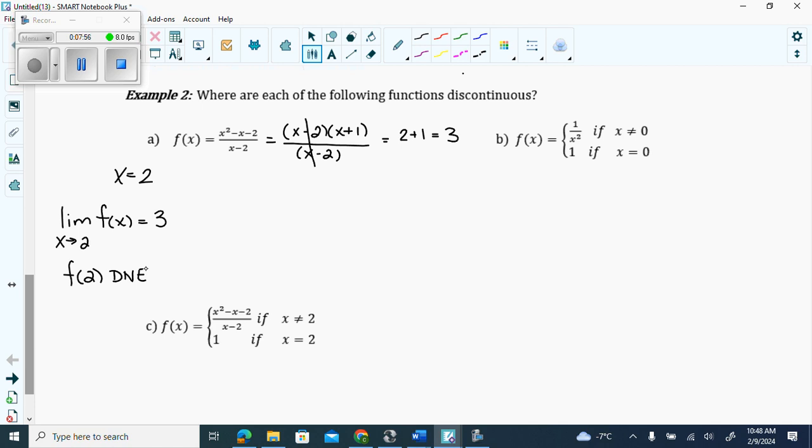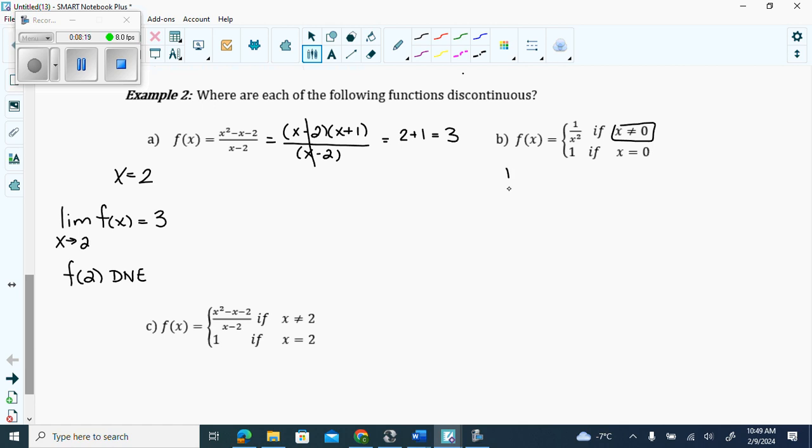B and C are a little more complicated because we're talking about piecewise functions, and those are a little bit harder to understand. So if we want the limit, we need from the left and the right. So basically, we need everything but 0, right? So this is when x can't equal 0. So that's the left and the right, yes?